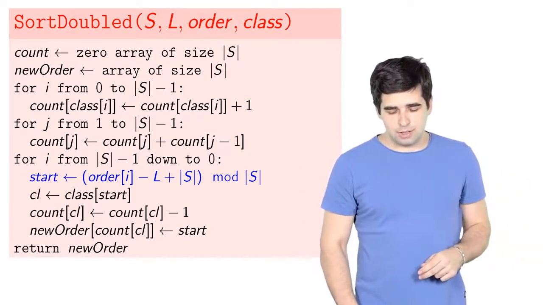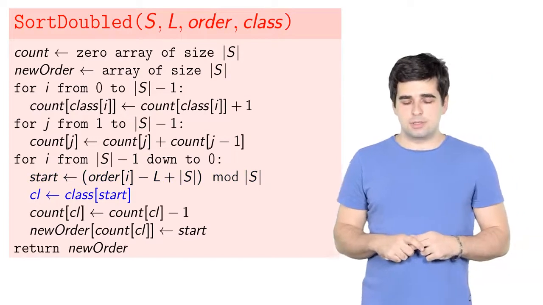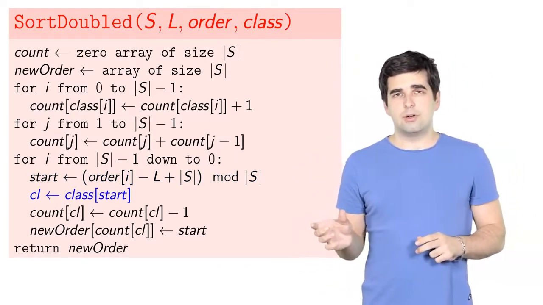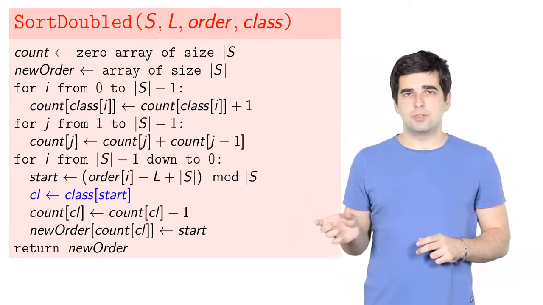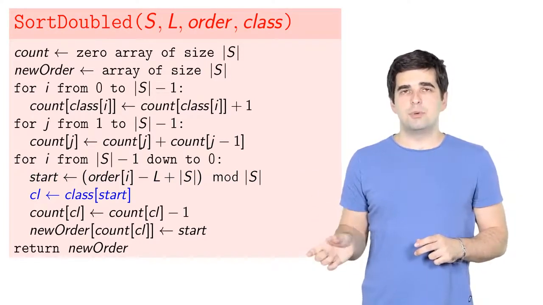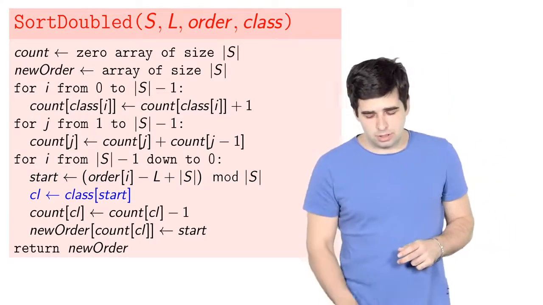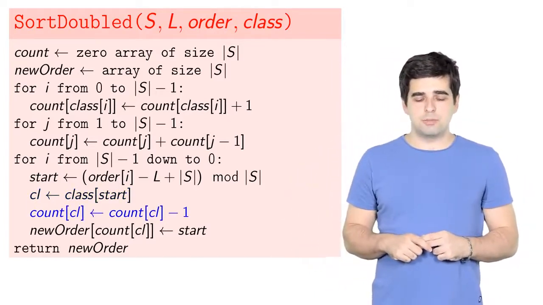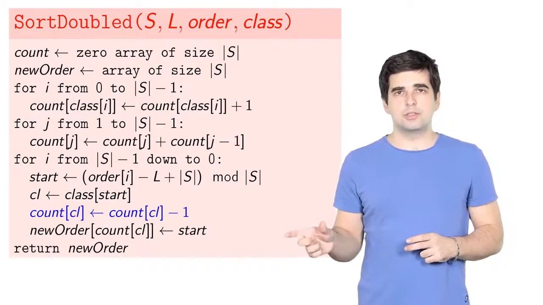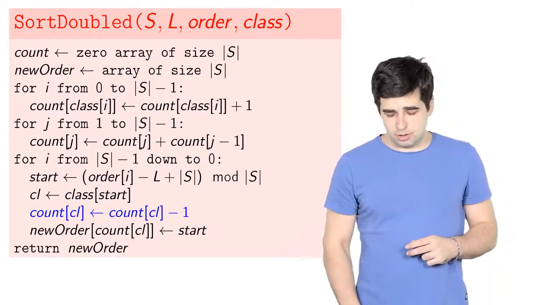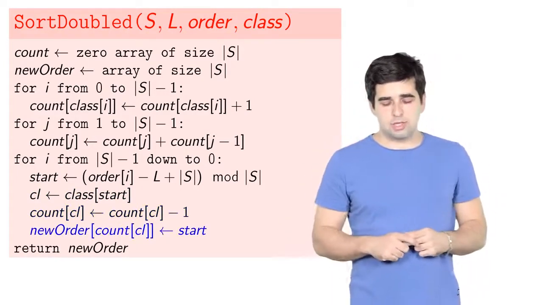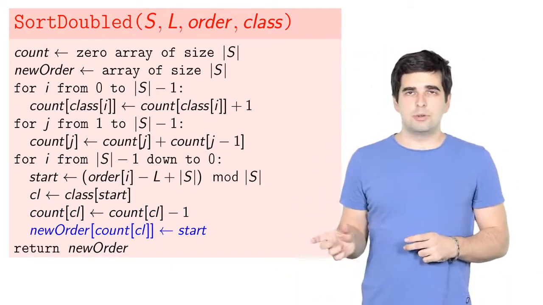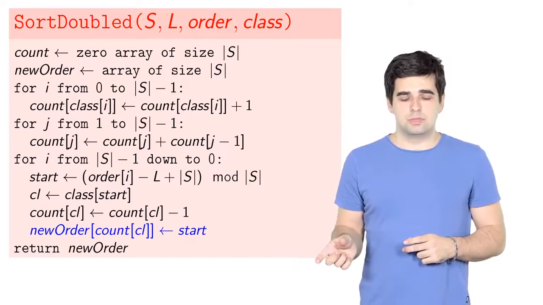We take the class of this start position, which is the class of the first half of the corresponding doubled shift by which we want to sort. Then we go and decrease the partial sum corresponding to that equivalence class in our counting array. And then we just put our start in the position which the counting sort prescribes to it.